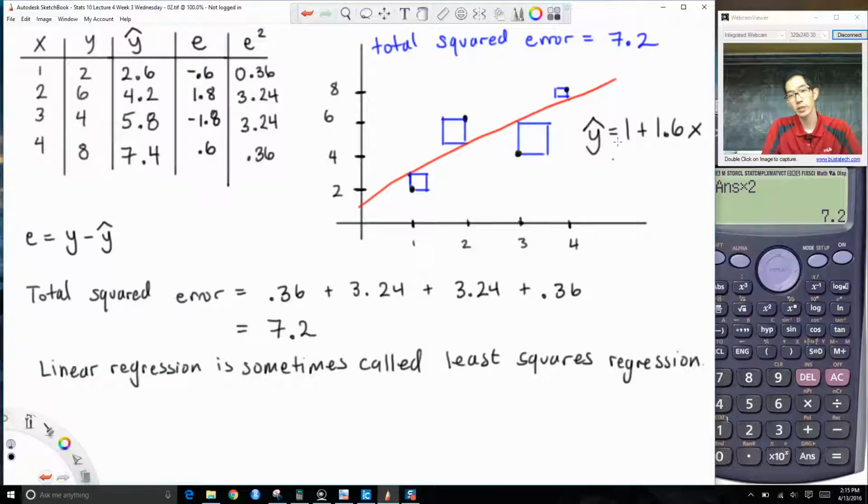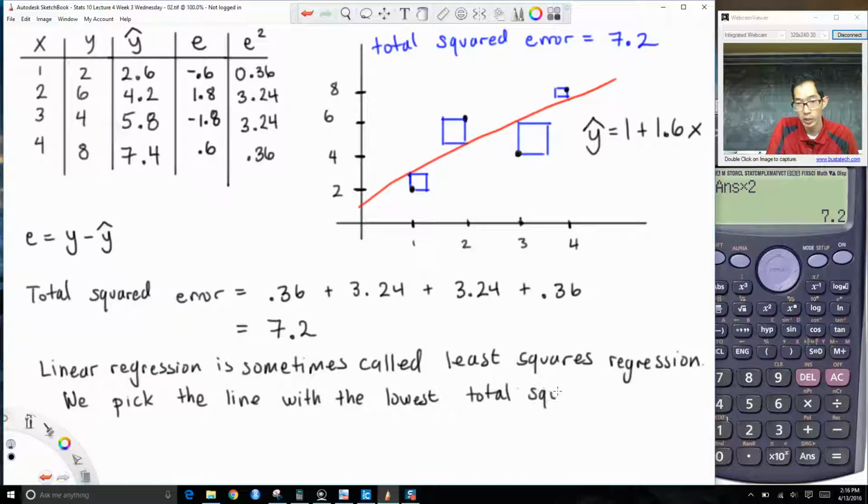And the idea is we're going to pick the line that has the smallest total squared error, because we're trying to find the one with the least amount of squares. So we pick the line with the lowest total squared error.